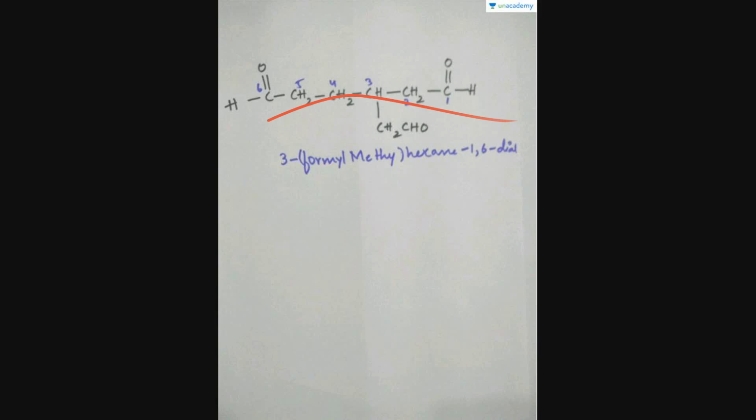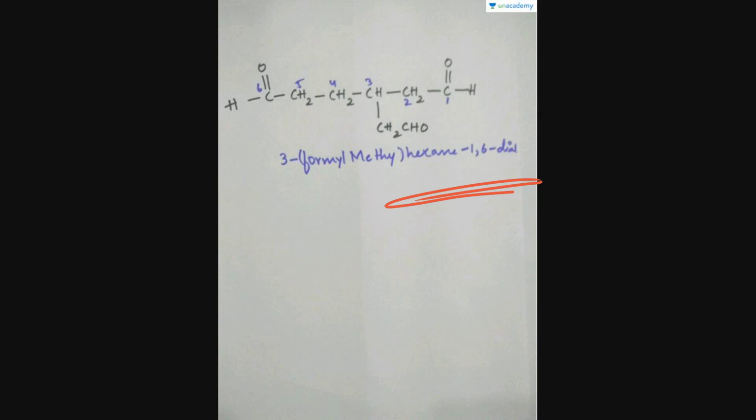Then this becomes 3,4-dimethyl, because the methyl groups are treated as substituents, so you have to write them as a prefix. So it becomes 3,4-dimethylhexane-1,6-dial. So this is how you write the name of the aldehydes.